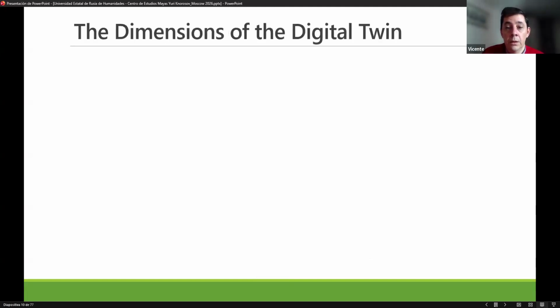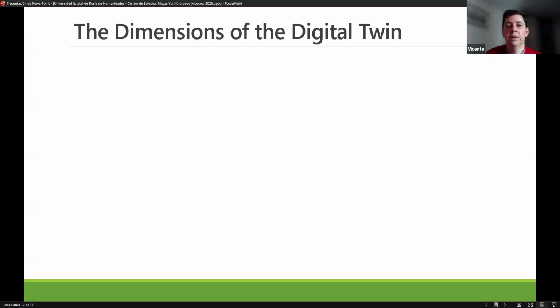Okay? So just to finish the introduction, I want you to think that we have a cave, we have art in the cave, or we have some remains. So we have to store this in a repository. In the last 5 or 6 years, we have developed a digital twin of caves. We have stored it in 10 dimensions.